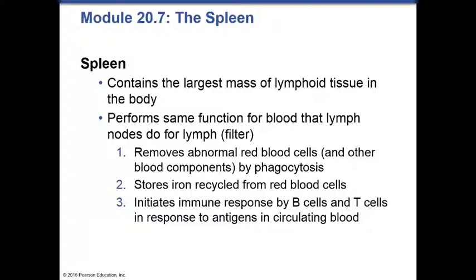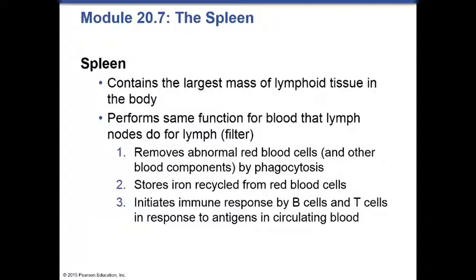As those red blood cells are destroyed, there's also a recycling of the iron, and if an antigen is found in the circulating blood, then that can activate these T cells and B cells in response to those antigens. So in an infection that reaches the blood, the spleen can become enlarged.